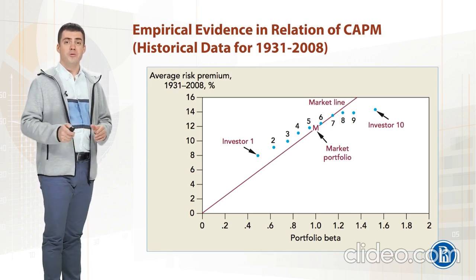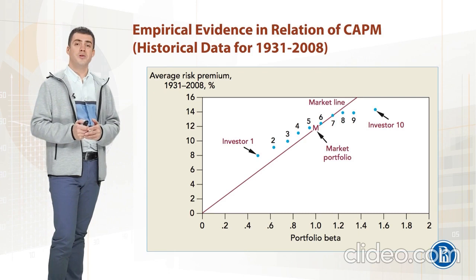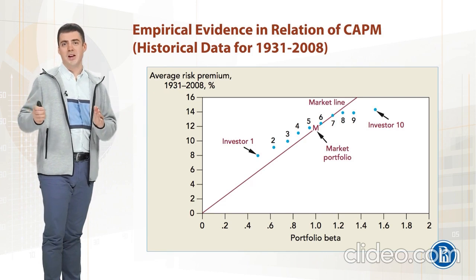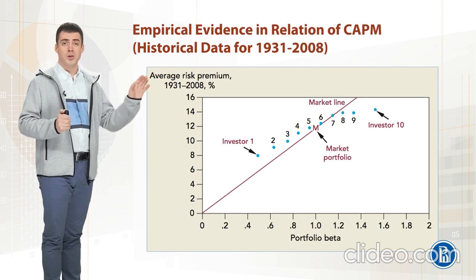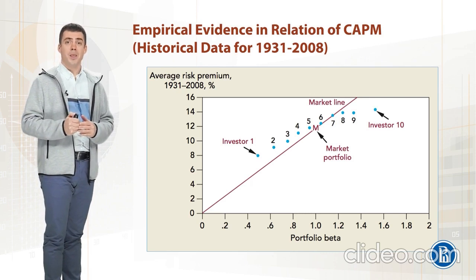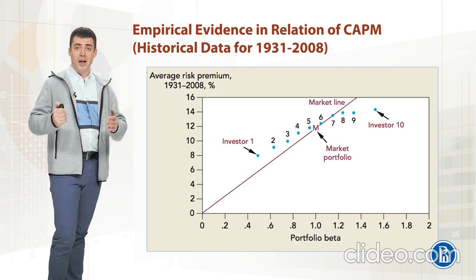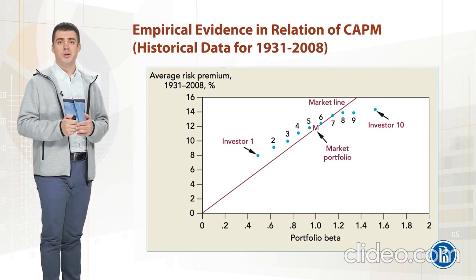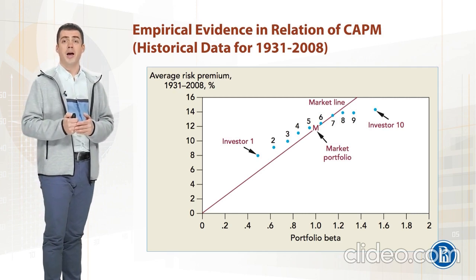In other words, if we take a big observation period, for example from 1931 to 2008, and group all these securities into 10 portfolios, where portfolio 1 includes the securities with the lowest betas and portfolio 10 includes the securities with the highest betas, by observing their actual returns and comparing them with their forecasted returns, we can see that the capital asset pricing model overestimates the expected returns for high beta stocks.